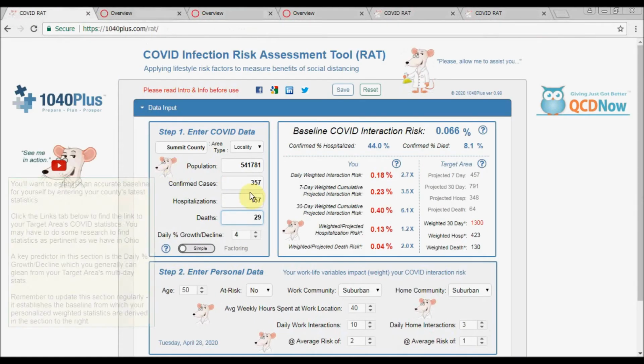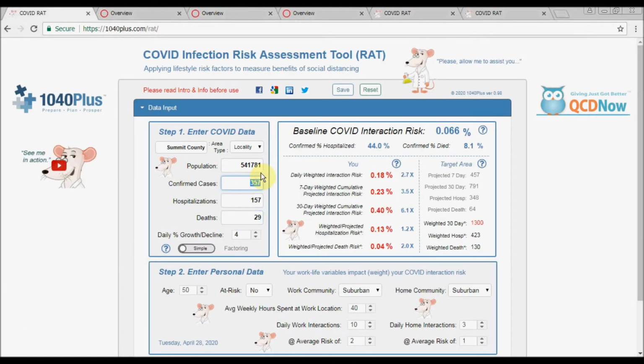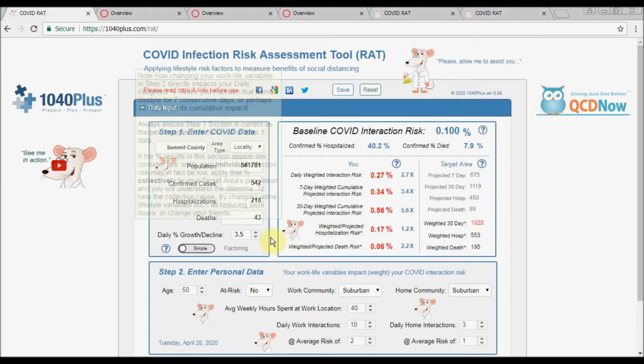So let's plug in our new information, 542. And we're at about 2%. And you can see as I was changing the ever important growth rate, you look over here where these projections change.